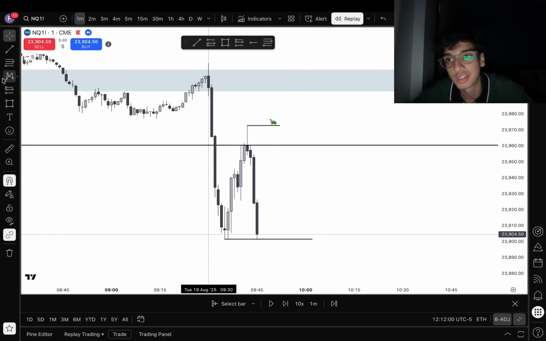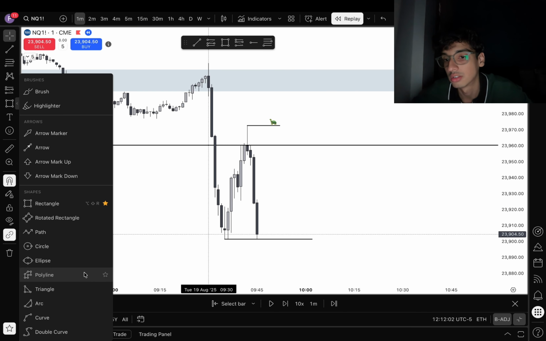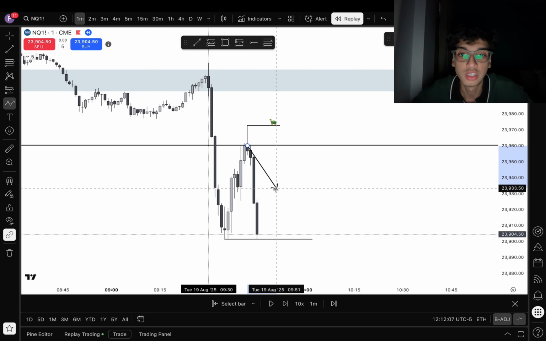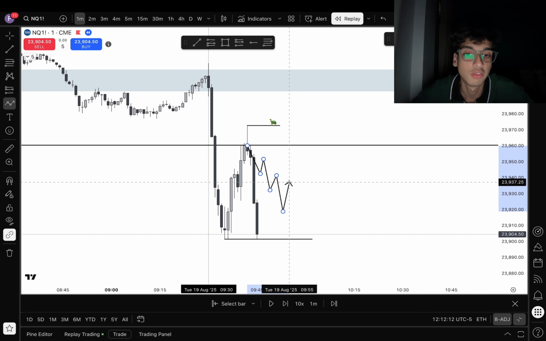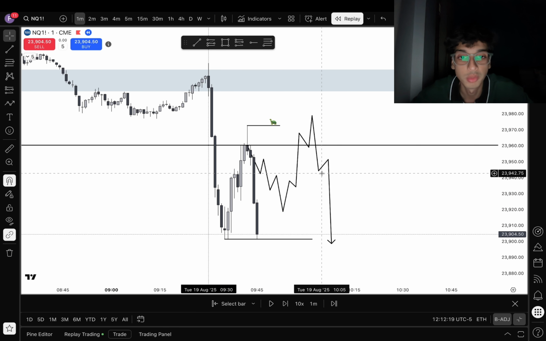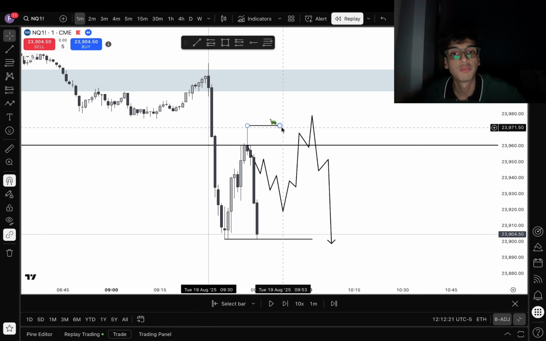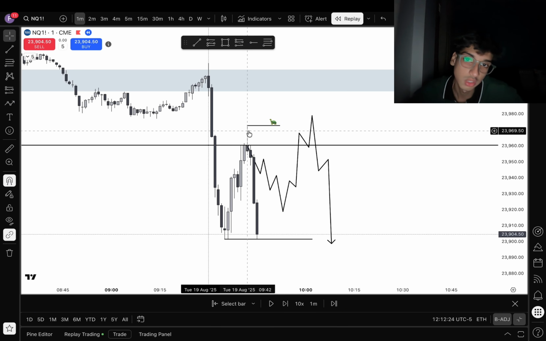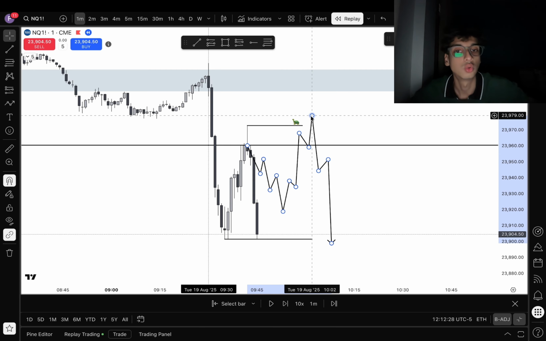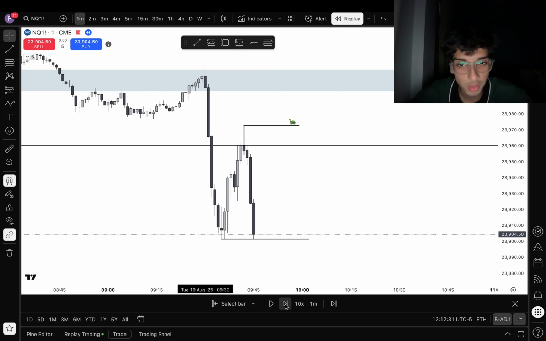So what the market does, not 99 but at least 60 to 70% of the time, is reject and not give the target, bought up again and sweep out this buy side liquidity and stop them out. They have their stop loss right here and the market hunts this stop loss and then goes down toward the sell side liquidity, and then I will wait for price to give me some sort of confirmation.